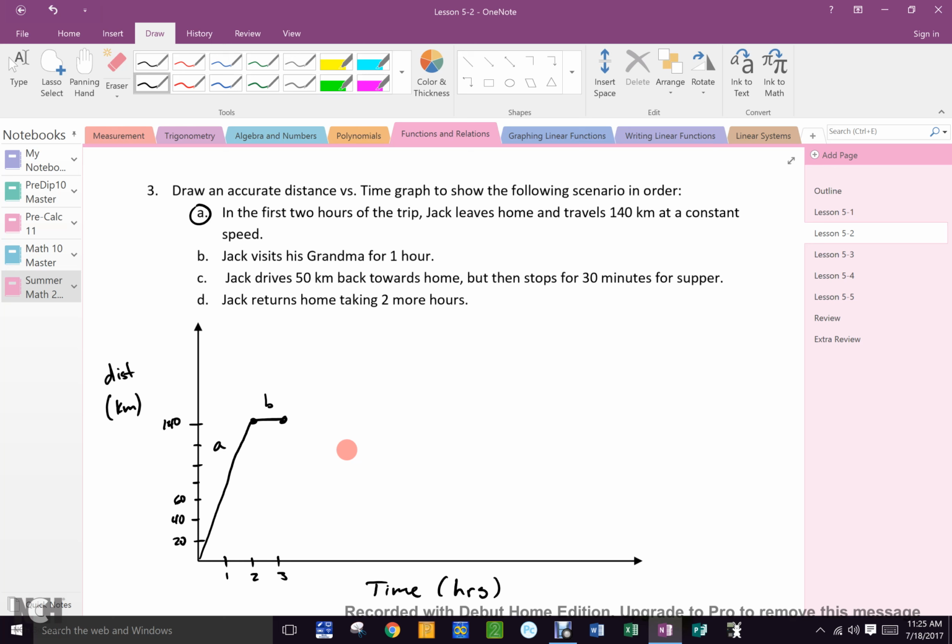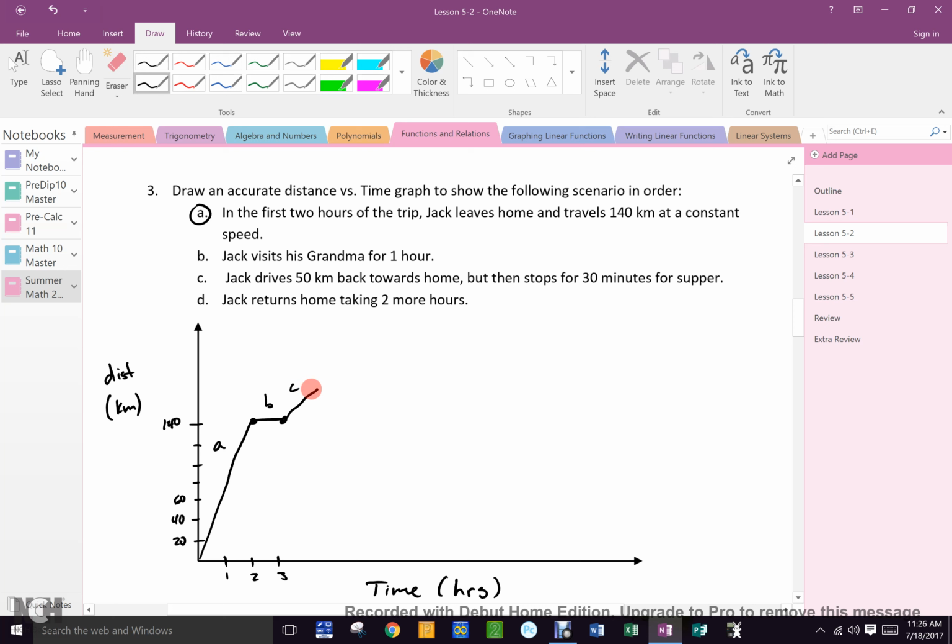Like when you drive your car, the odometer goes up, even when you drive in reverse. When I drive to Vancouver, I add 200 kilometers. When I drive home, does 200 kilometers come off my odometer? No. So this has to go up for 50 more kilometers to 190.